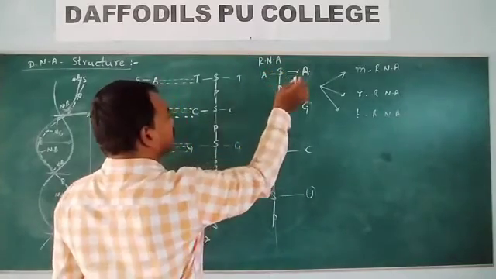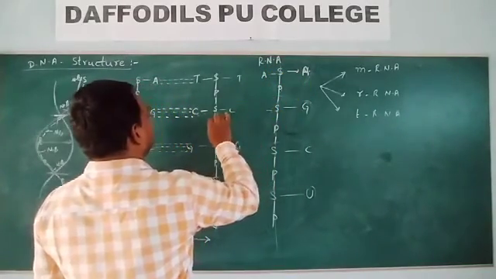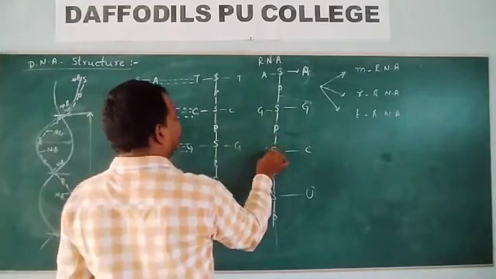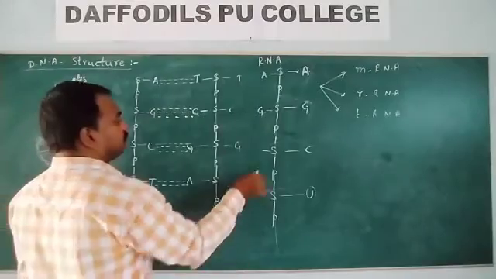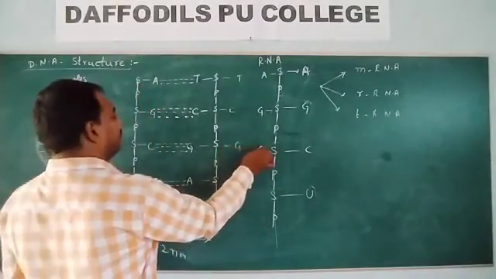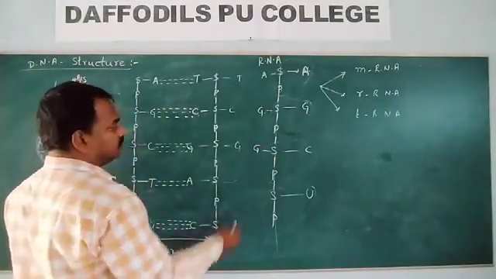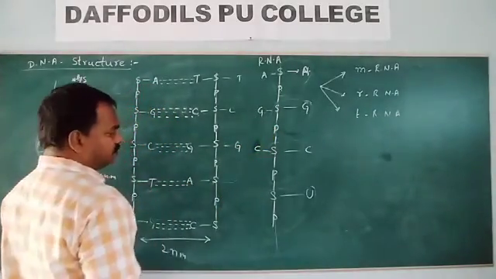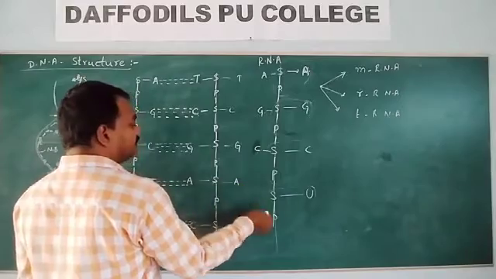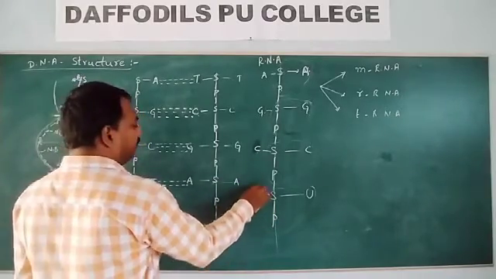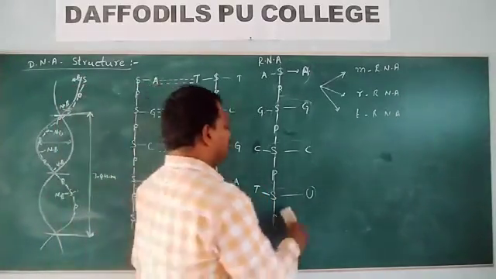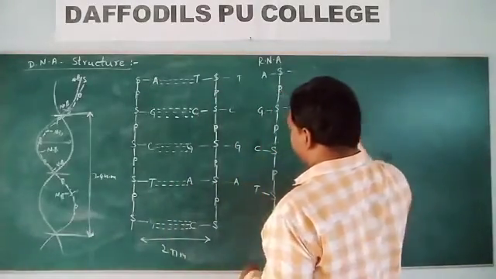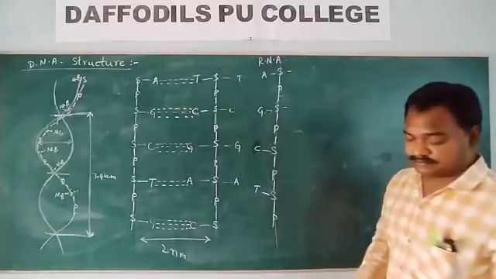A. For cytosine, what is the complementary pair? G. For guanine, what is the complementary pair? Cytosine. For adenine, what is the complementary pair? Thymine. Like this, on RNA, the DNA is going to be copied.